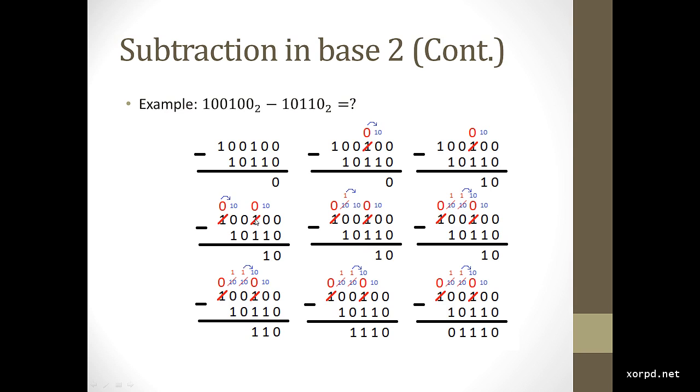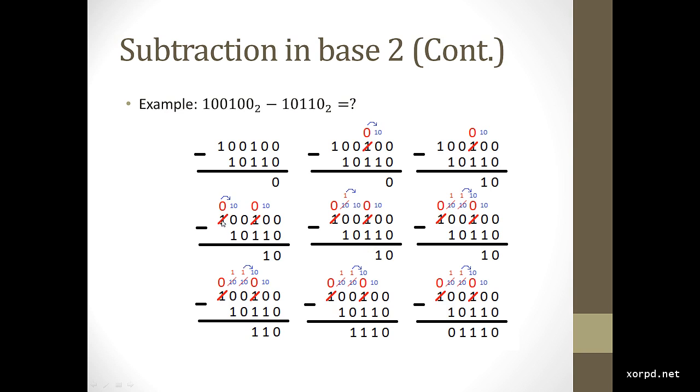Next, we want to subtract this pair, which is 0 minus 1. And we cannot do it because 1 is greater than 0. So we have to borrow. We have to borrow again. We borrow from this digit.